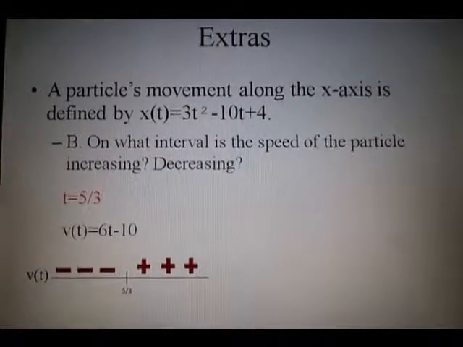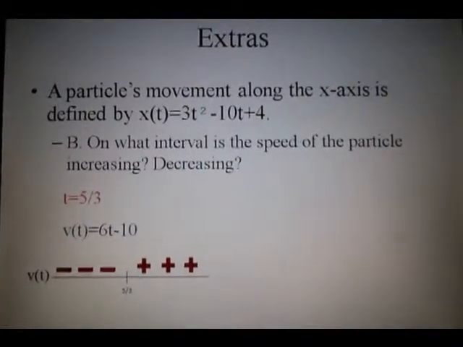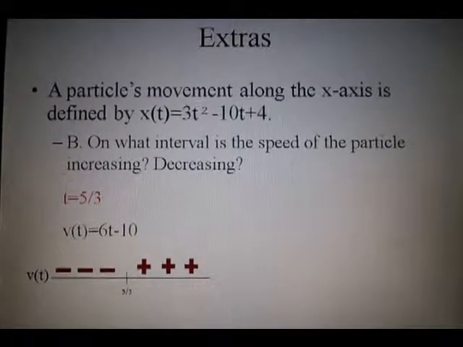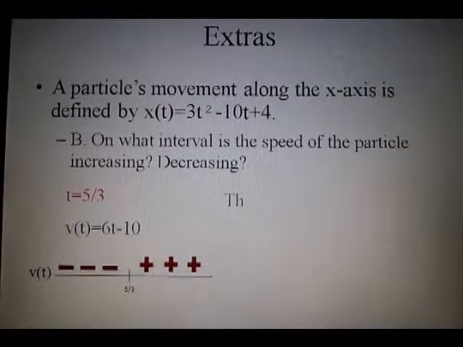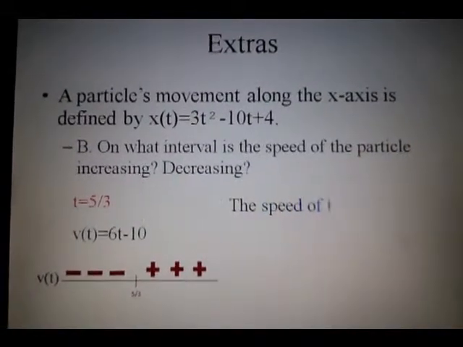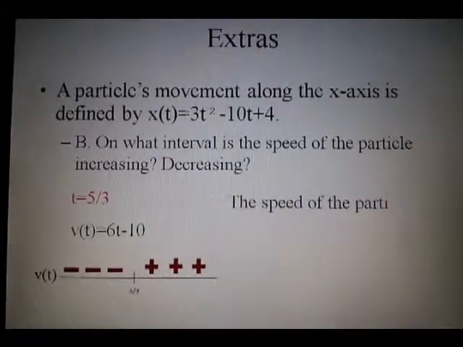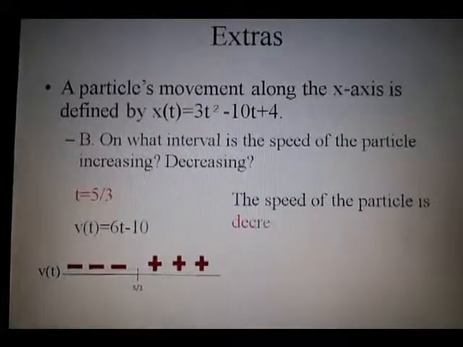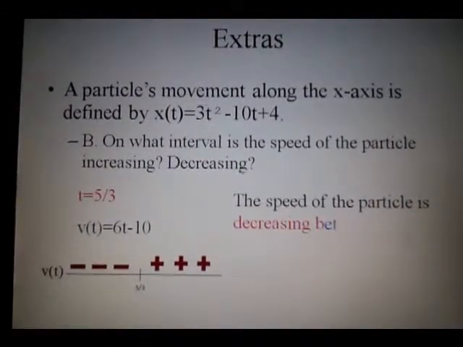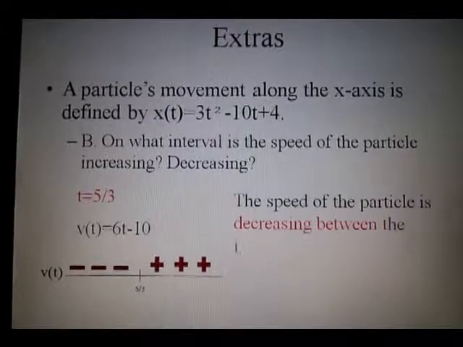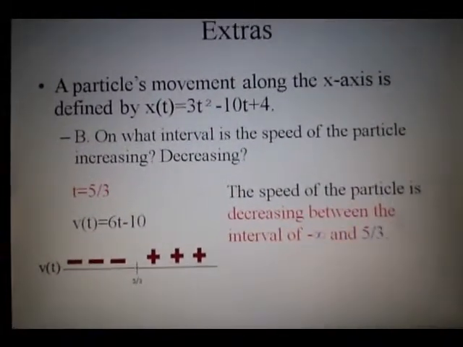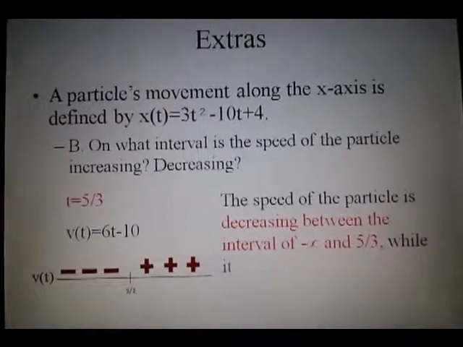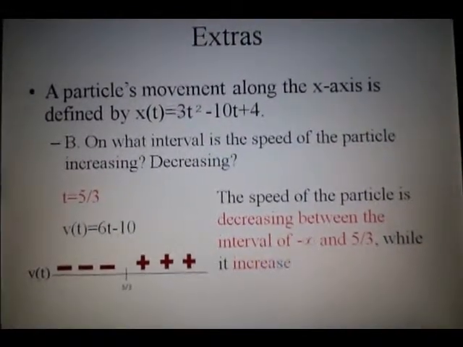As you can see, on the left side of the velocity function, you get negative numbers, while on the right side, you get positive numbers. This means that between negative infinity and 5/3, the speed of the particle is decreasing. And on the right side, from 5/3 to positive infinity, the speed is increasing.